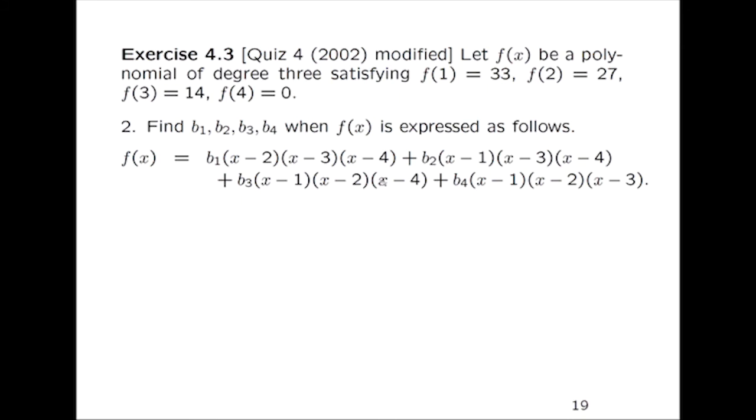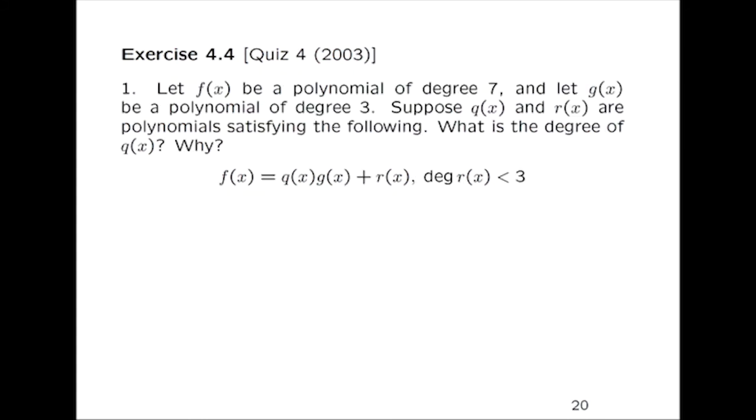So you get 1 minus 2, 1 minus 3, 1 minus 4 is equal to 33. From that you can get B1. And you can also plug 2 into x, then you can find B2, and 3 into x, you get B3 and so on. Please check it.